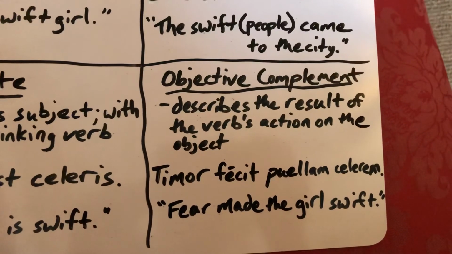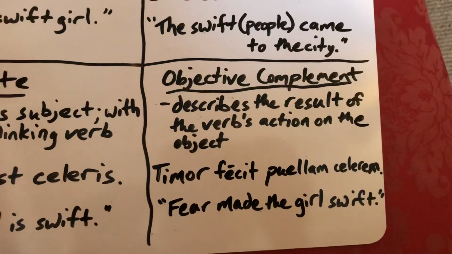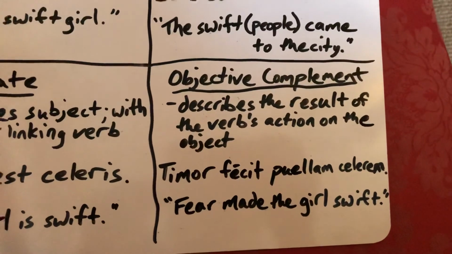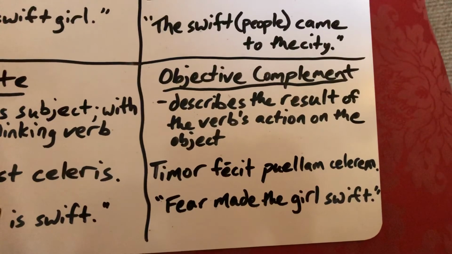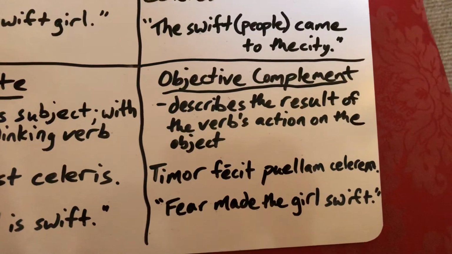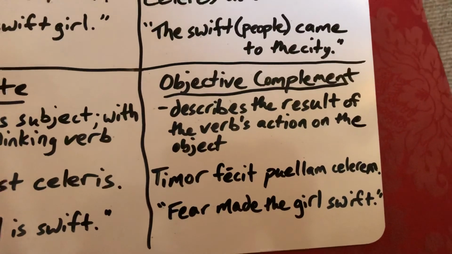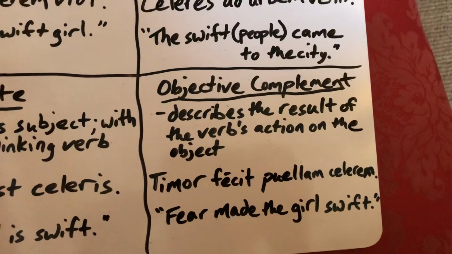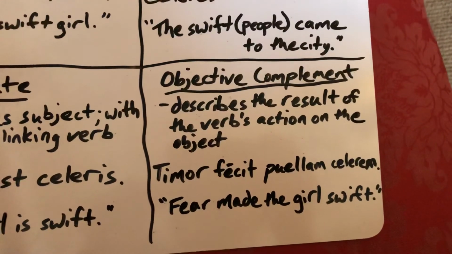So once it was a different color and now it's yellow. That example is in your book if you want to take a look. But once again, the objective complement is the new one. This is where your verb acts on the object to make it something else. So here, fear made the girl swift. So those are your adjective uses.